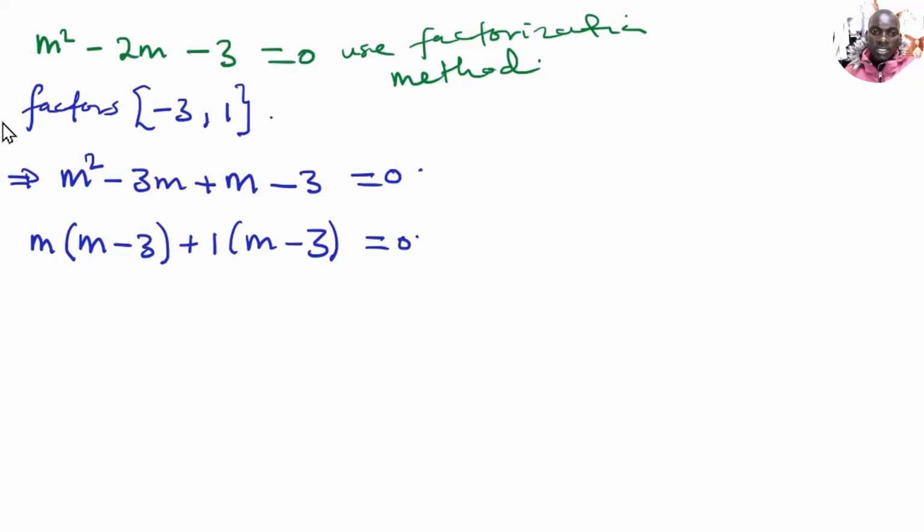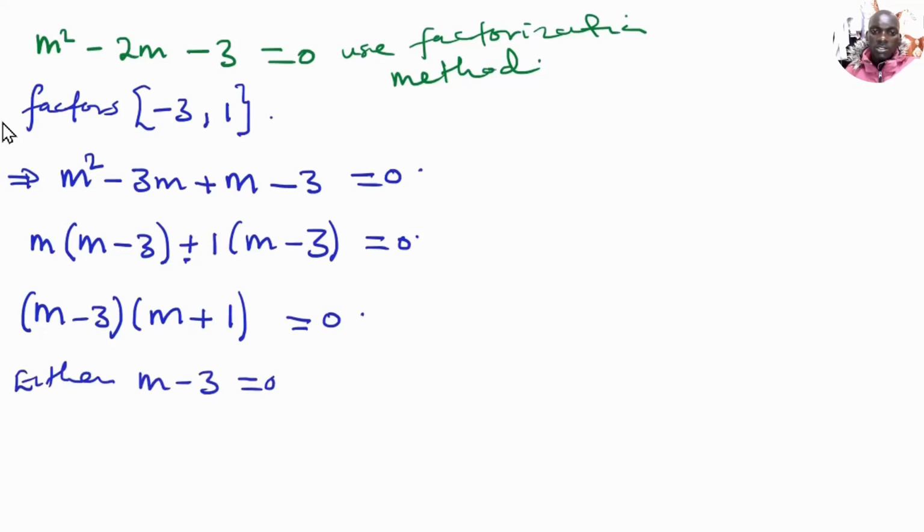From here you can see that m minus 3 is common, so we factorize it out under the brackets, into m plus 1 equal to 0. So either m minus 3 equals 0, implying that m equals positive 3, or m plus 1 equals 0, implying that m equals -1. When it crosses the equal sign, it becomes -1. So far we have got the answers for m.